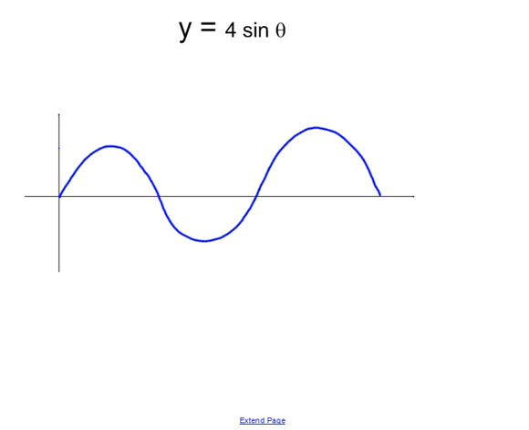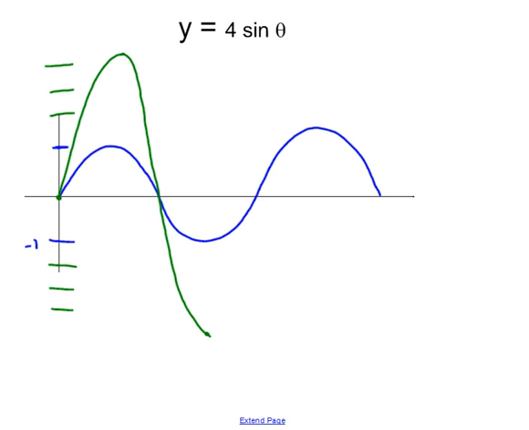Instead of this being 1, this now becomes 4. So if it was 1, and that's my parent function, then now I got to go 2, 3, 4. It's got to come all the way up here. And 1, 2, 3, 4, and all the way down through that same (0, 0) here and back. So it's a vertical stretch of 4.